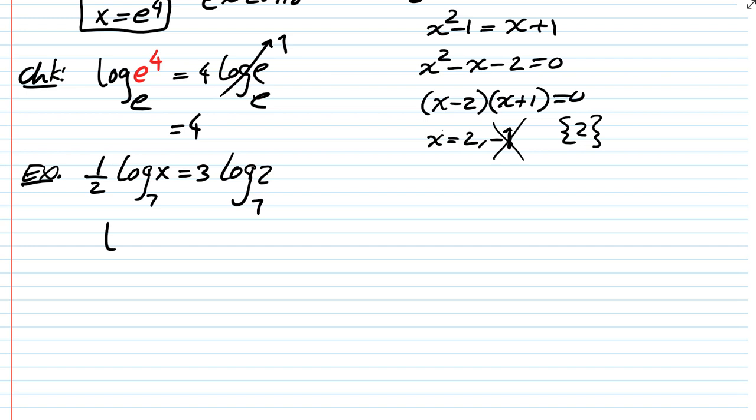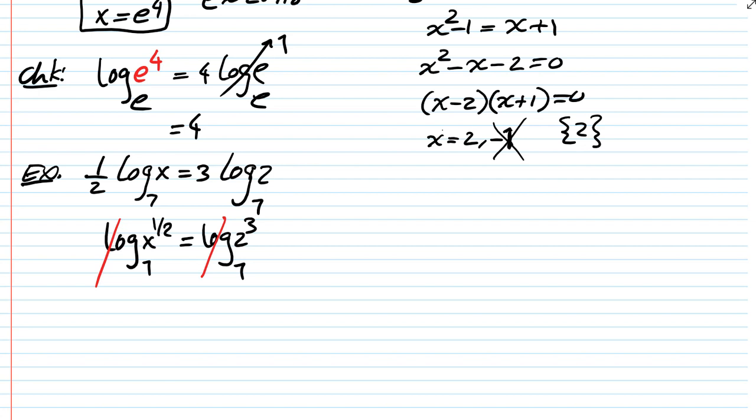On the left, see I have a log on either side. The thing that we don't need are these coefficients, so I'm going to move them to the exponent. That's going to be x to the 1/2, and on the right side it's going to be log base 7 of 2 cubed. Now the bases are the same, so you can think of it in terms of canceling the logs.